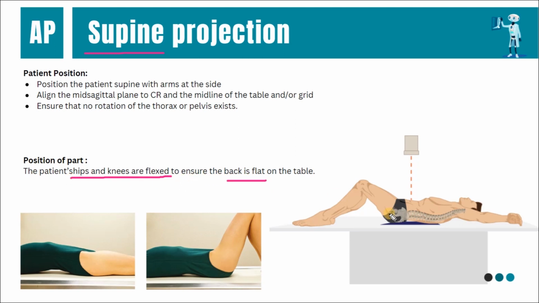Normally when the patient is lying down on the table with straight legs, there is a false curve, a bending in the lower back. To resolve this bending, you have to flex the knees and the hips to ensure the back is flat.